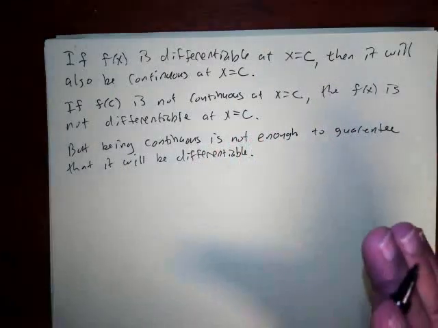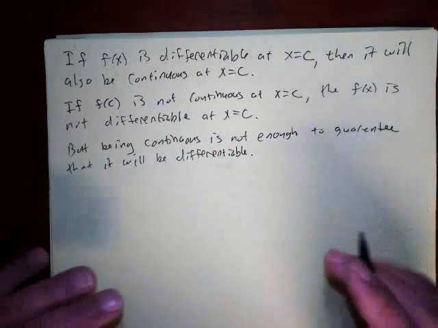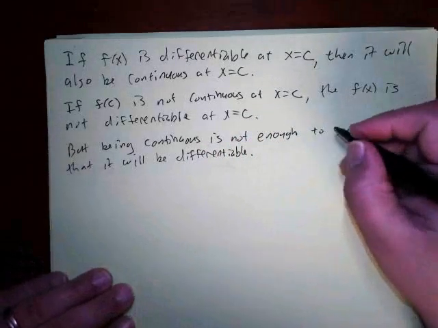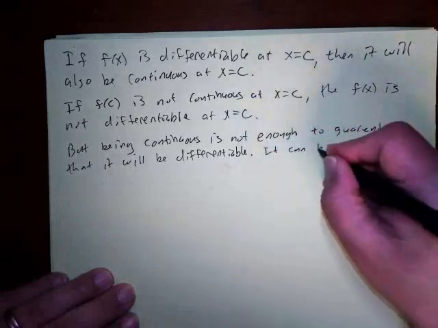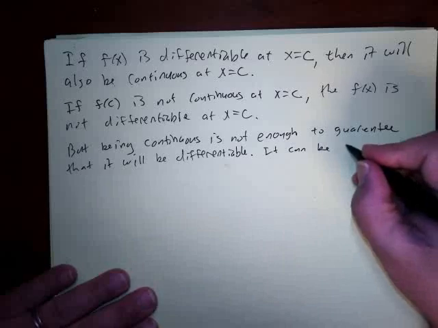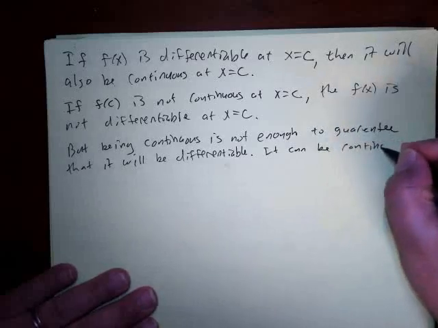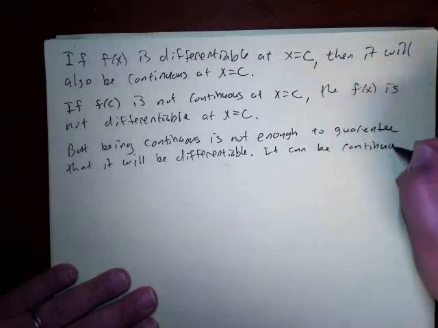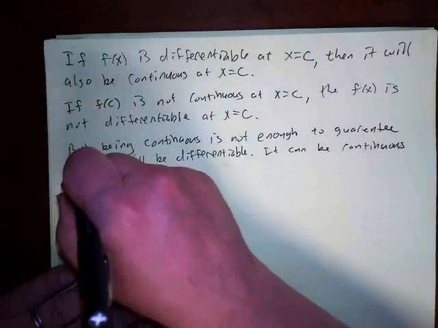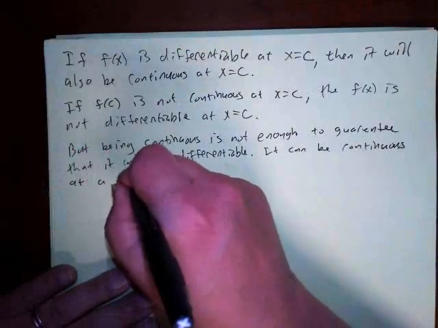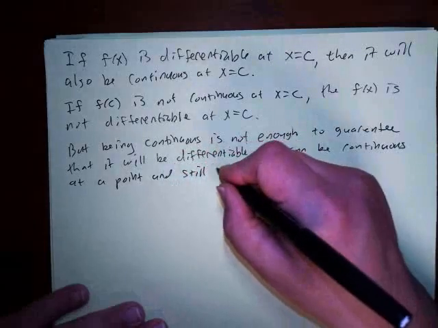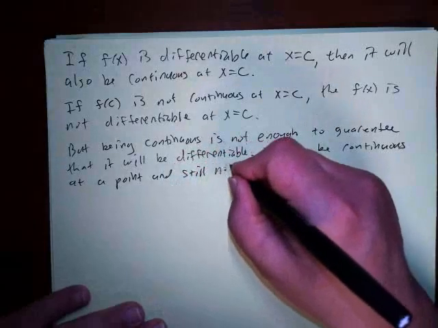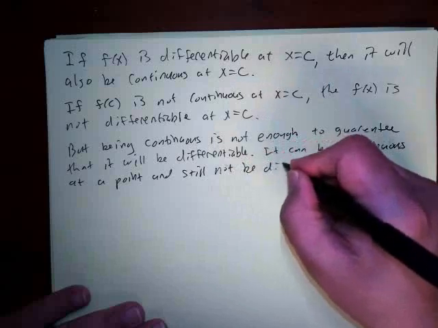So being continuous is not enough. In other words, it can be continuous at a point and still not be differentiable there.